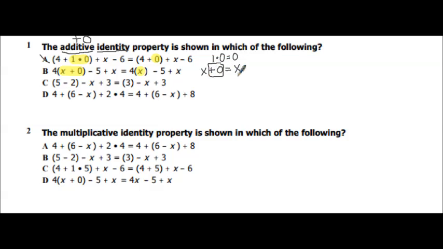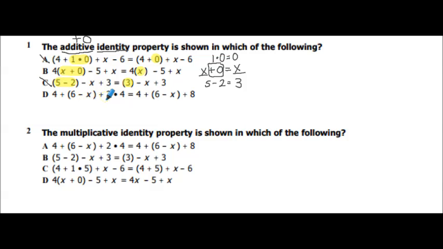We were adding 0, and we didn't change the identity of x. So far, B looks like a good answer. In C, 5 minus 2 turned into 3. So in C, what's happening is that we're showing that 5 take away 2 is equal to 3. Well, all those identities changed, and C is definitely not the correct answer.